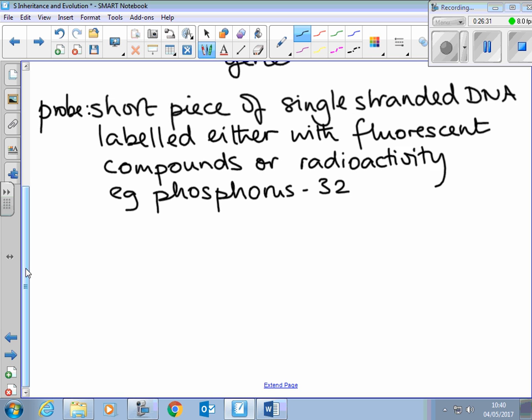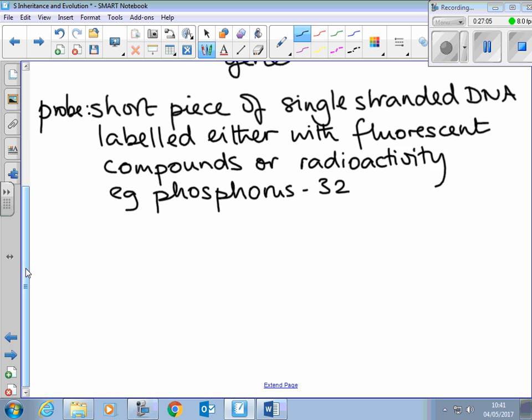Where would that be found in the molecule? Well, what sort of molecule are we looking at? Single-stranded DNA. If you look at the model, whereabouts is the phosphate? Yes, in the backbone. You've got the sugar phosphate backbone. So I think on this particular model, it's the little purple bits. So if every little purple bit is labelled with radioactivity, we're going to be able to find it.